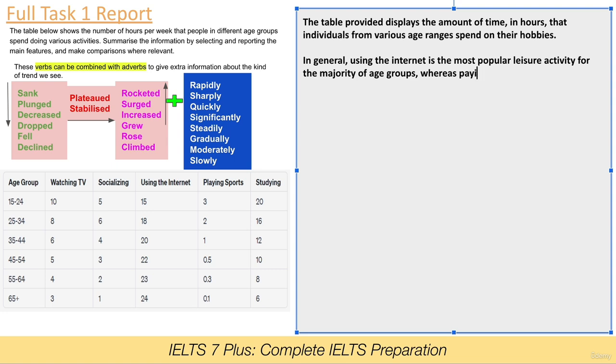We could say maybe whereas playing sports has the least hours committed to it, or whereas the least hours belong to playing sports, maybe.